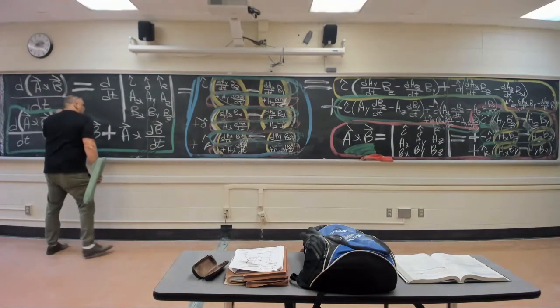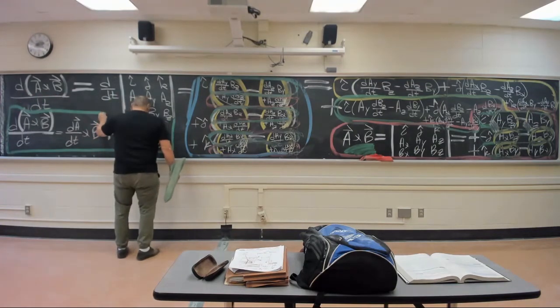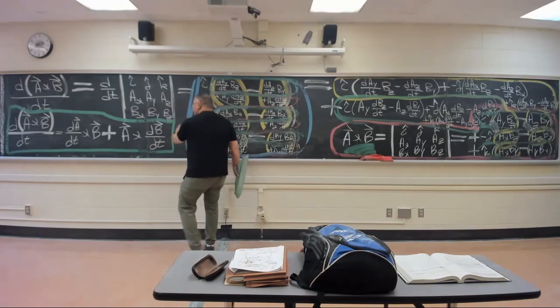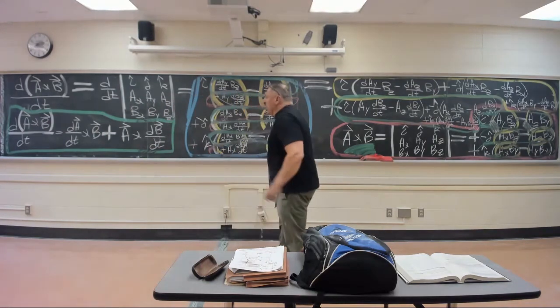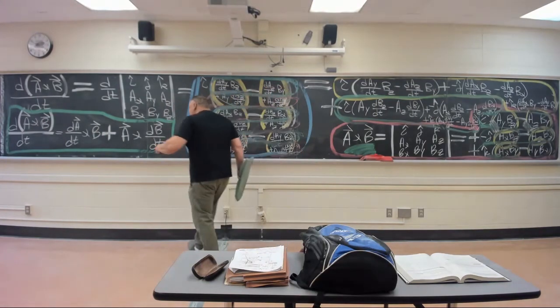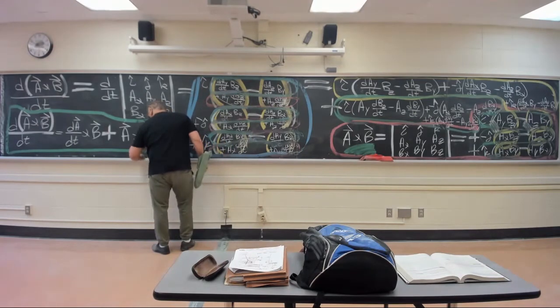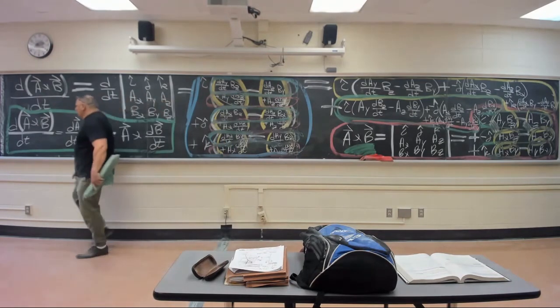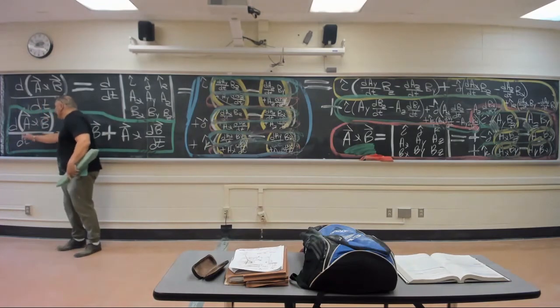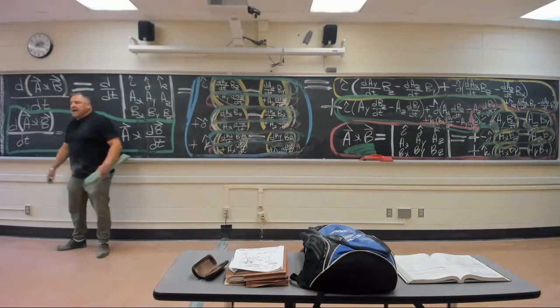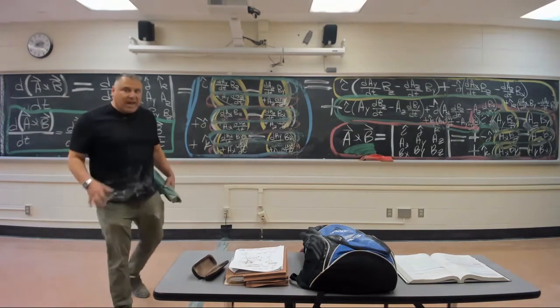All right, and there it is. And again, the last time I had done something like this, guys, I had failed to put d/dt next to the A vector cross B vector. And somewhere else, I still had it there.